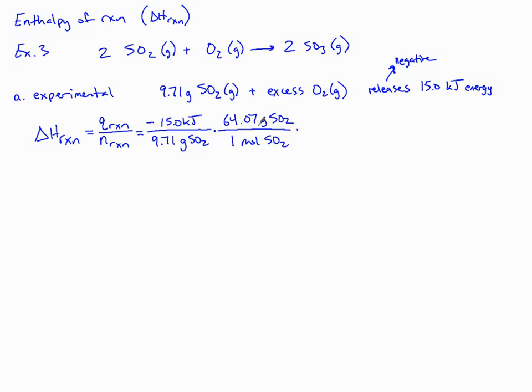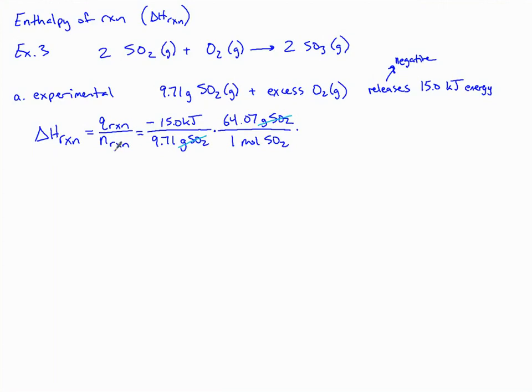And I like to cancel units as we go rather than at the end. So now I have kilojoules per moles of SO2, but we need it to be per moles of reaction.